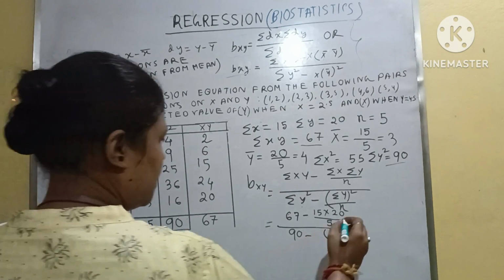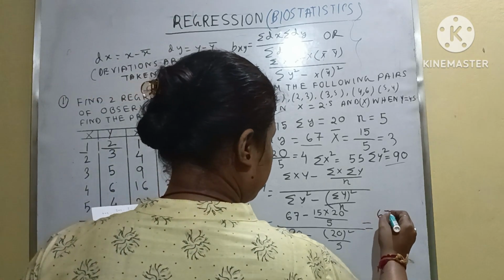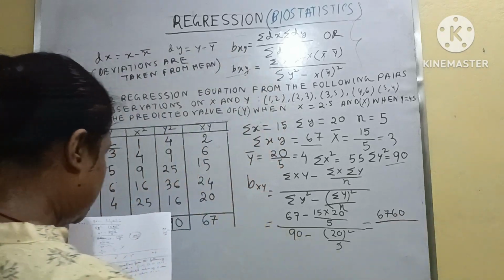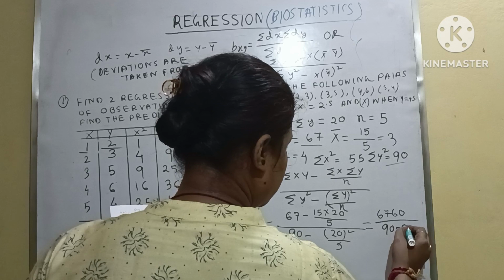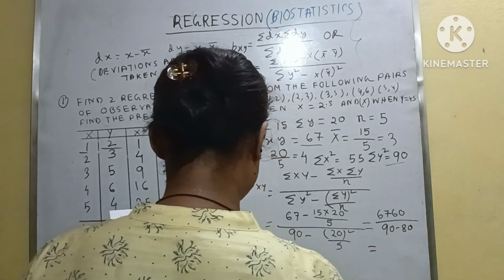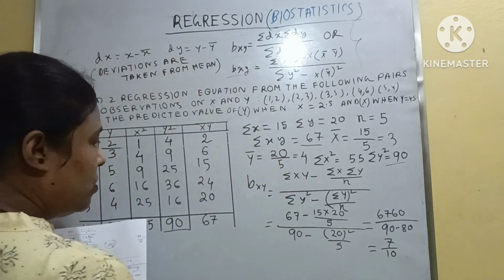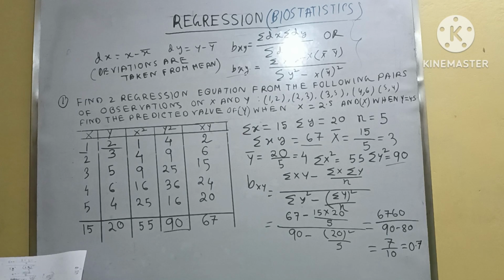So what is the answer here? 67 minus 60, and 90 minus 80. So the value is 7 by 10, that is 0.7. Clear? The value of bxy is 0.7.